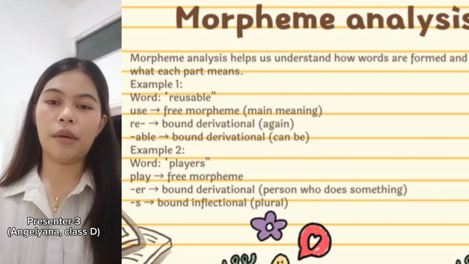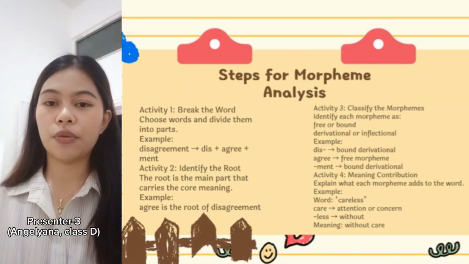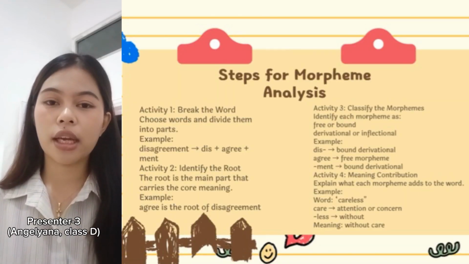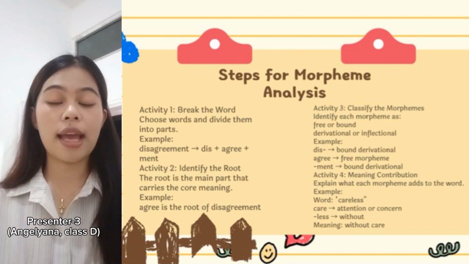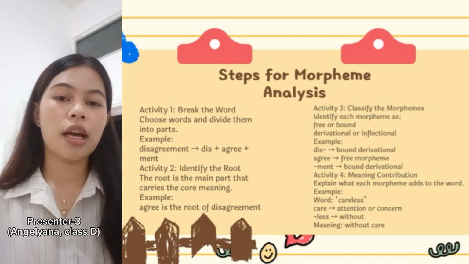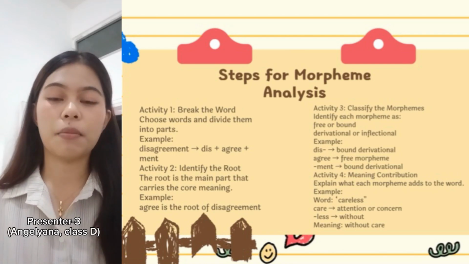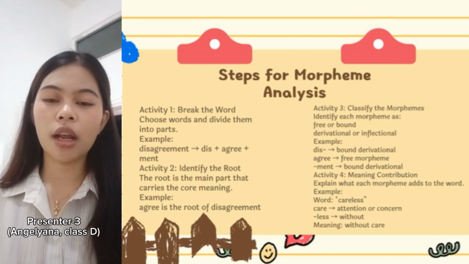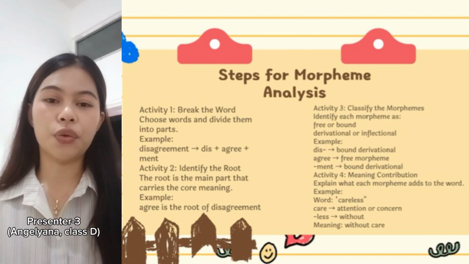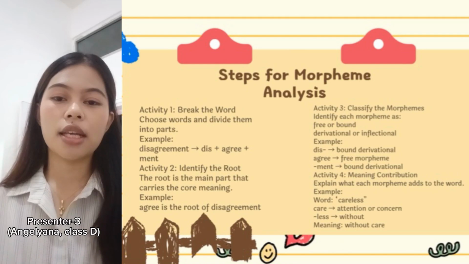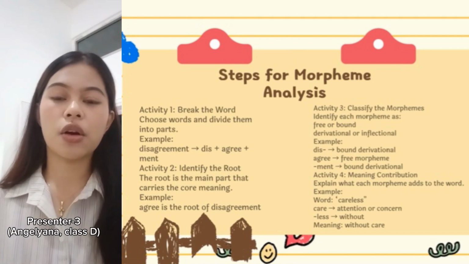And then for the s, bound inflectional plural. And then steps for morpheme analysis. Activity 1, break the word: choose a word and divide it into parts. For example, disagreement: dis, agree, ment. For activity 2, identify the root. The root is the main part that carries the core meaning.